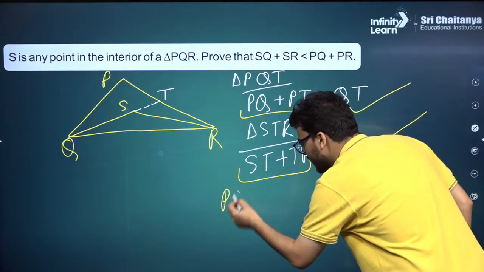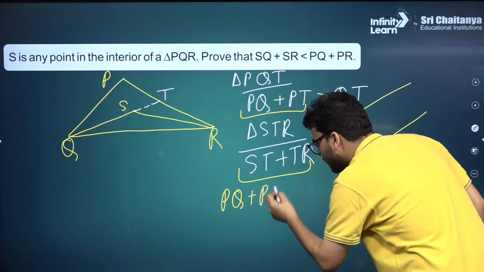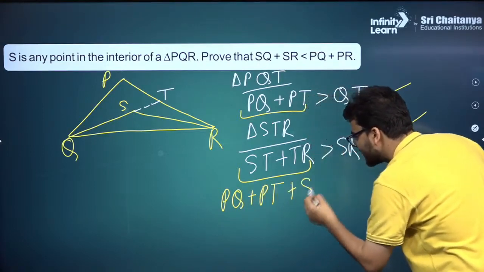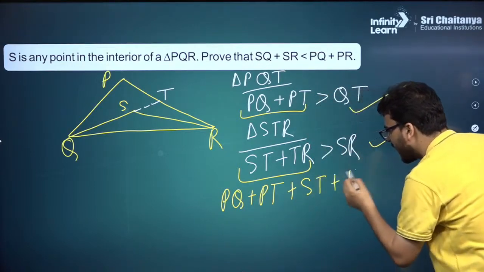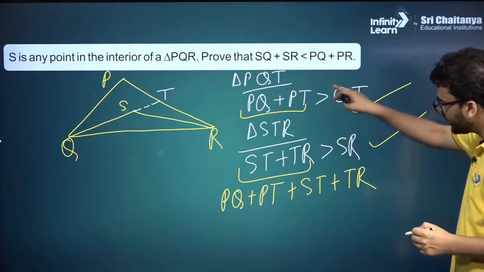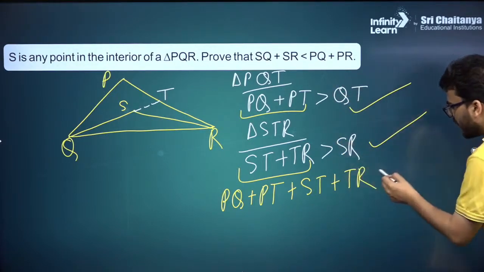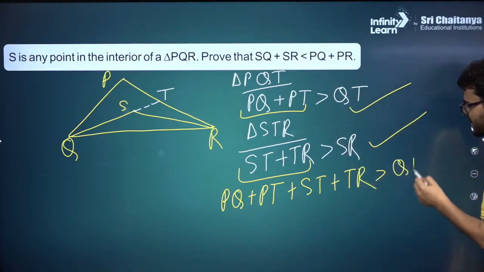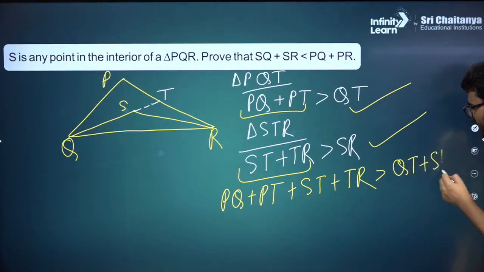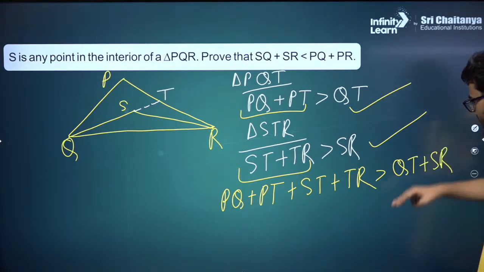So I will get PQ plus PT plus ST plus TR, and the sign will remain the same, that is greater than QT plus SR. Can I do something like this, guys? I hope this is clear up till here. Correct. Now you just have to simplify this thing, right?